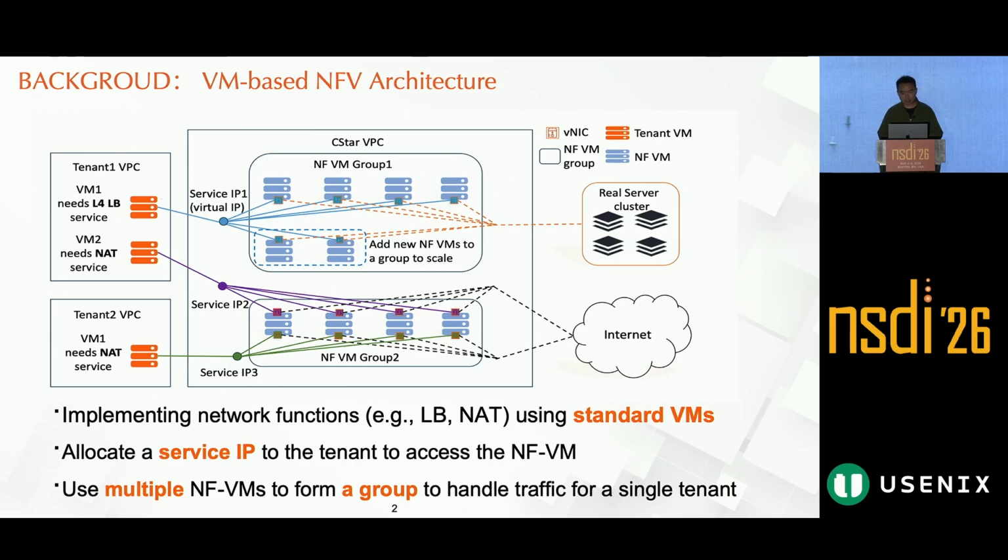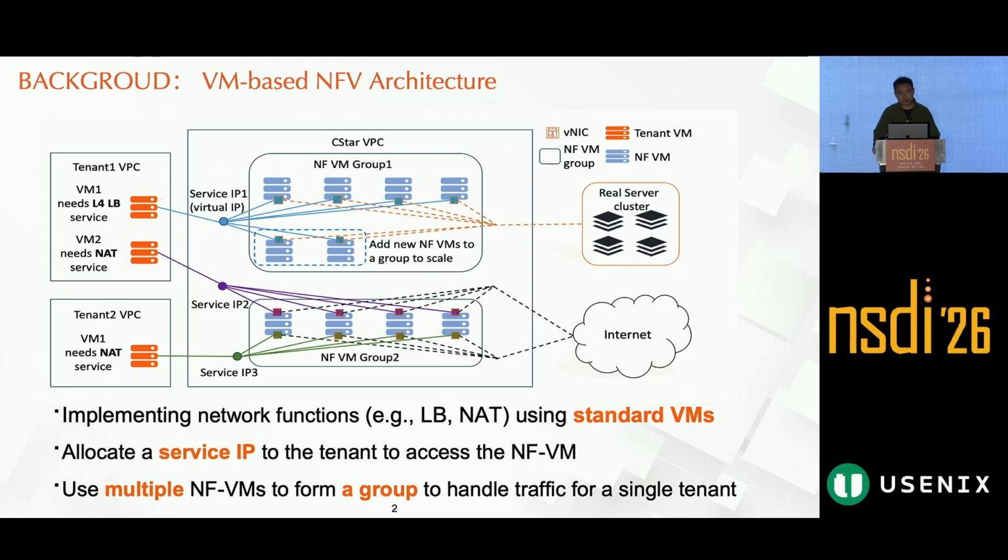In Alibaba Cloud's NFV architecture, we serve each tenant through a VNIC as a tenant traffic endpoint, and multiple NF VMs form a group to collectively handle tenant traffic, with ECMP distributing the load. This architecture fully reuses the existing cloud infrastructure, inheriting the cloud elasticity and fault tolerance.